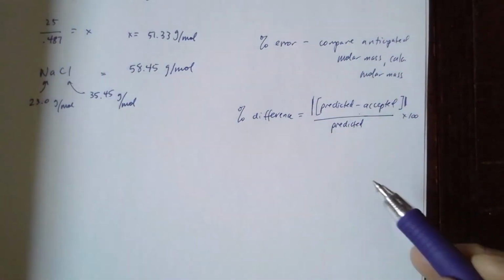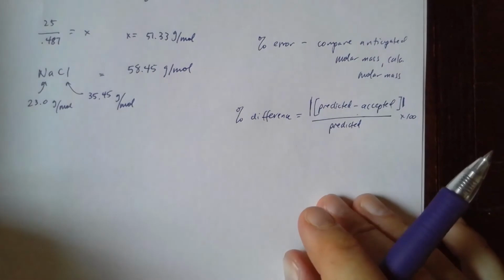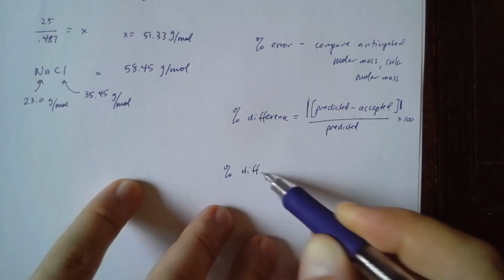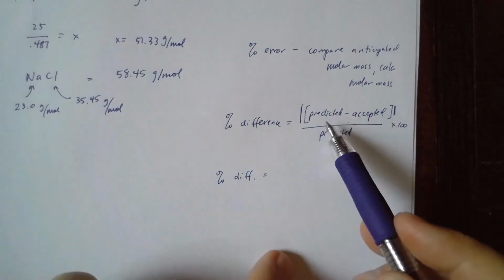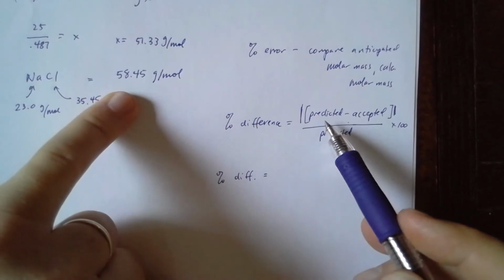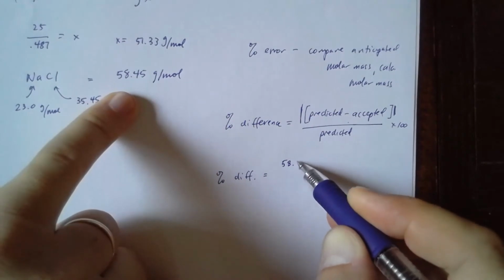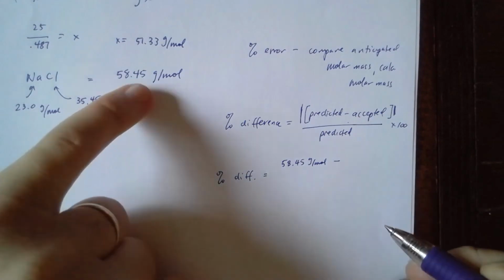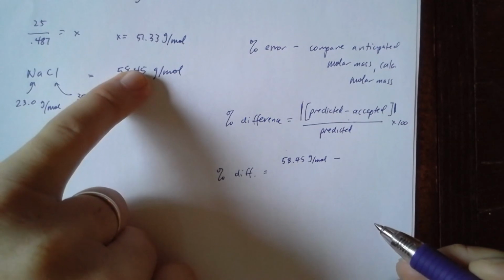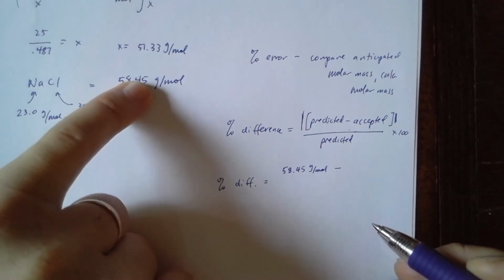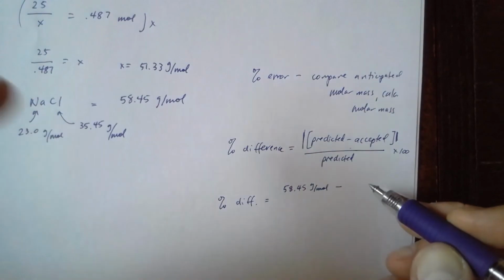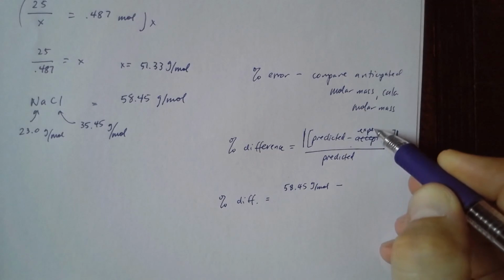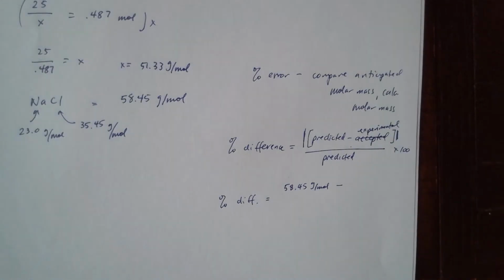All right, so let's plug in some of these numbers so you guys can see how it works. Let's say our percent difference is what we're solving for. What was our predicted? We'll call this our predicted: 58.45 grams per mole minus our experimental. Sorry, I copied it wrong. What's our experimental?